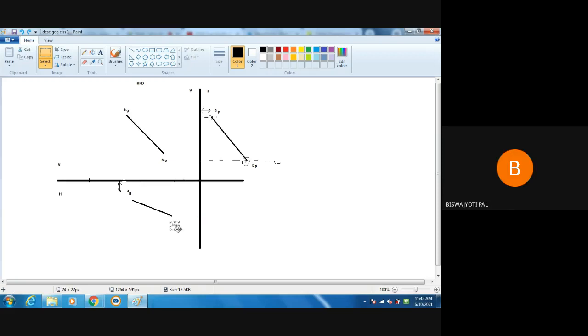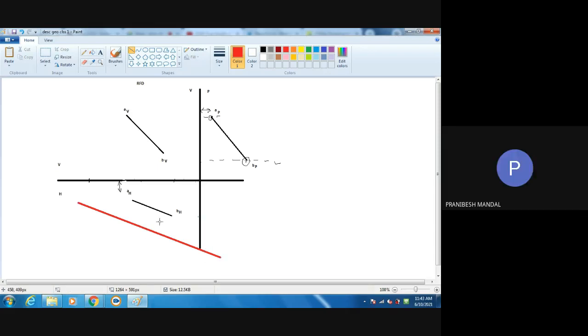Yes, sir. So let us have a plane parallel to the horizontal projection. I can have this. It is parallel, right, to the horizontal projection.